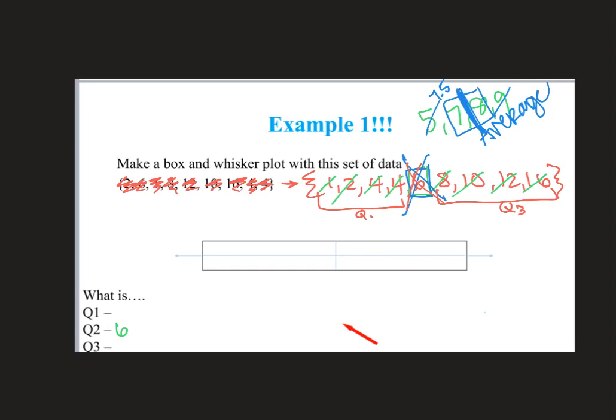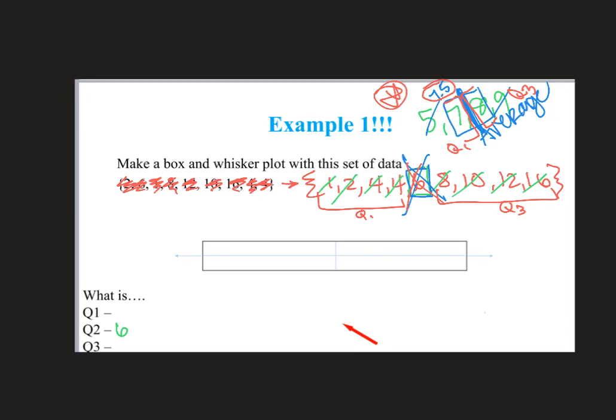In the situation up here, since you did not use 7 and you did not use 8, 8 would be included to find Q3, and 7 would be included to find Q1. So you wouldn't cross out any numbers there, because you had to figure out what Q2 was. Here, Q2 is an actual number, so you're going to cross it out.